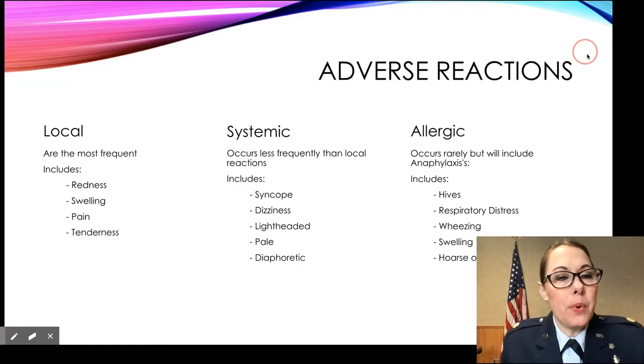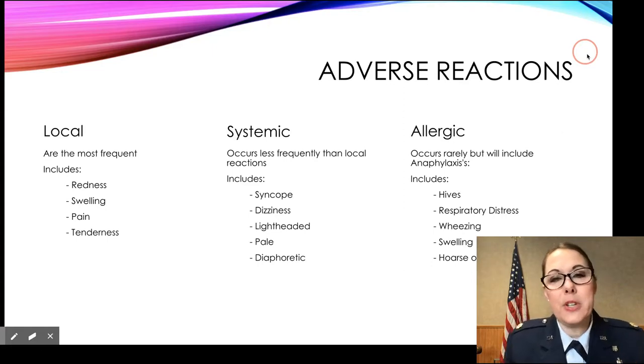It's really important that we are aware of what's going on with our patient. You want to be watching them at all times. Some of the most frequent reactions are local reactions. Like I said, you're going to have redness, swelling, you'll have a little pain to the site, and all those things are really normal.